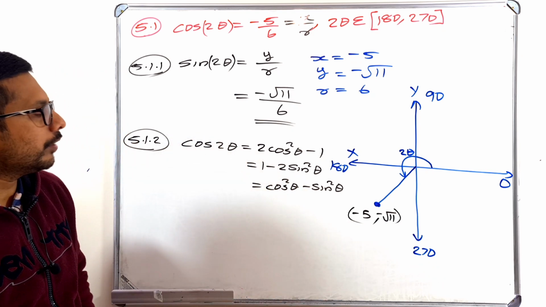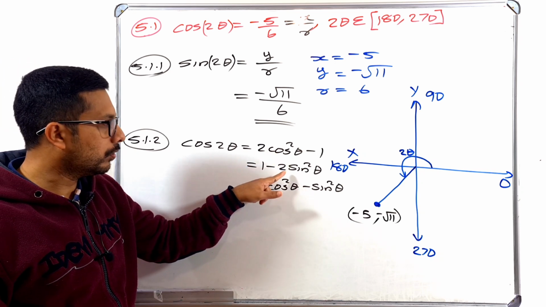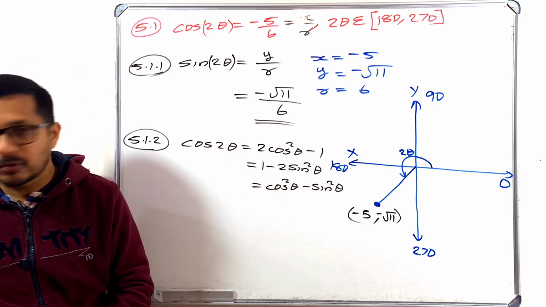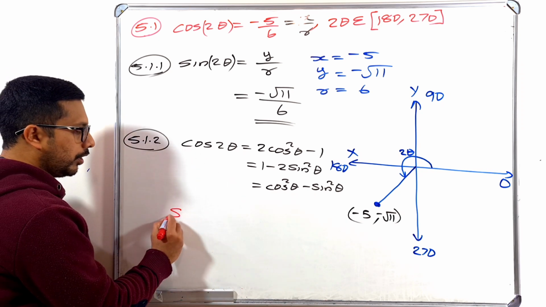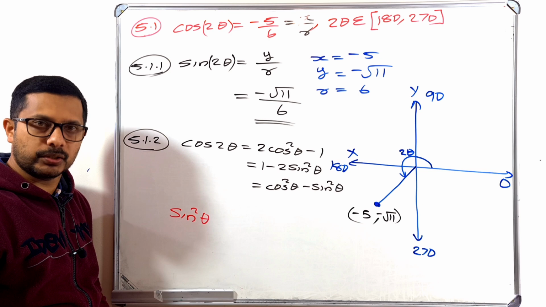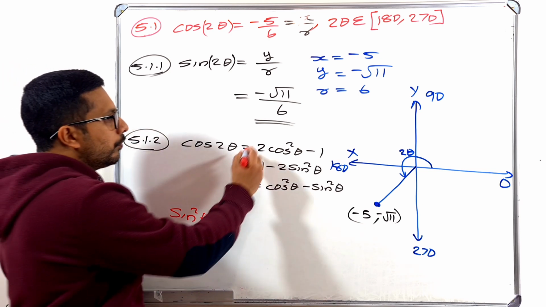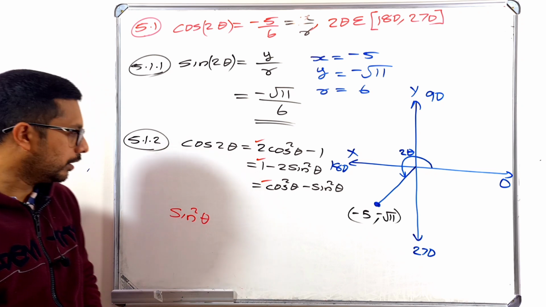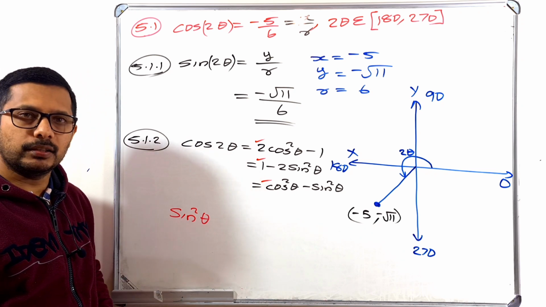So which formula can we use? Is it this one, or this one, or this one? Don't forget our question: we have to find sine squared theta. Can we use this one to find sine squared theta? Yes, of course.